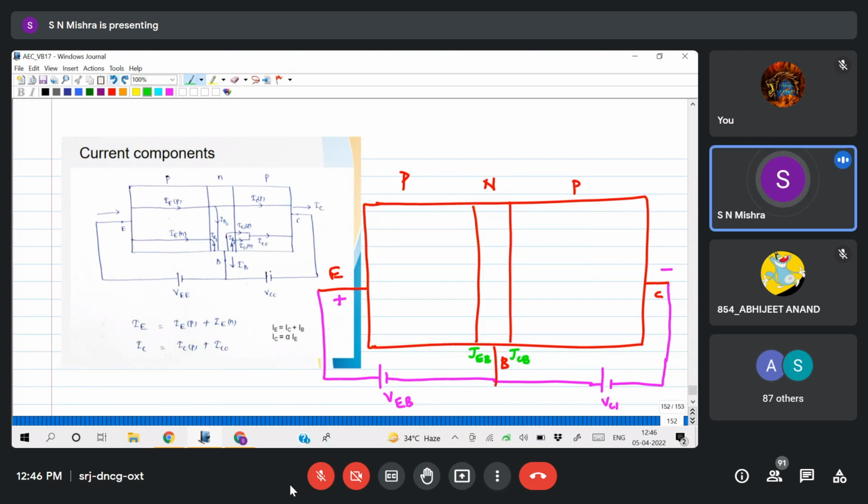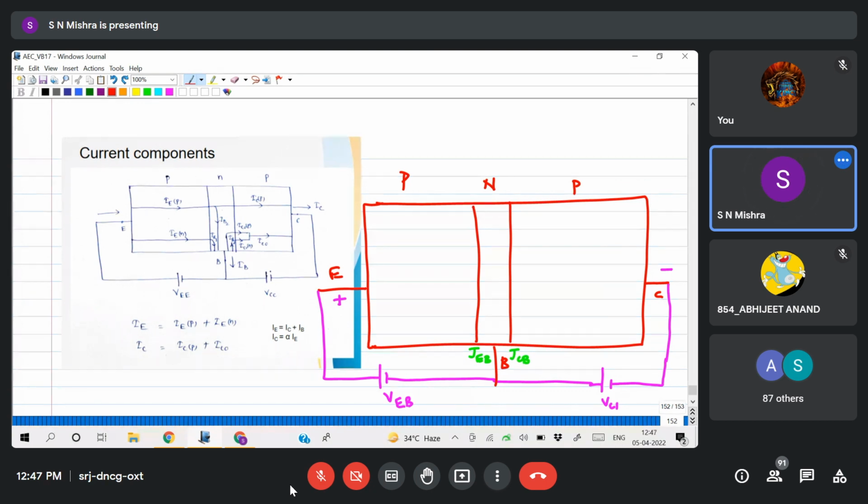Now the opposite junction, the collector base junction, is reverse biased. So this is the thumb rule: whenever I want to operate my transistor for amplification purposes, the base emitter junction should always be forward biased and the collector base junction reverse biased, because I want to transfer the carriers from emitter to collector. Once I do that, then we'll go for the carrier movement.